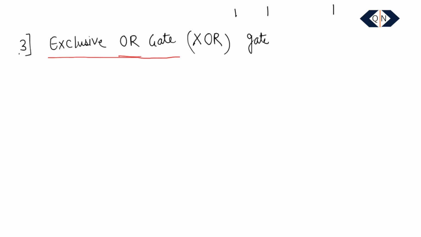So let me draw a diagram of the XOR gate. It looks like this. So it is the XOR gate where we have two inputs A and B, and we have an output.